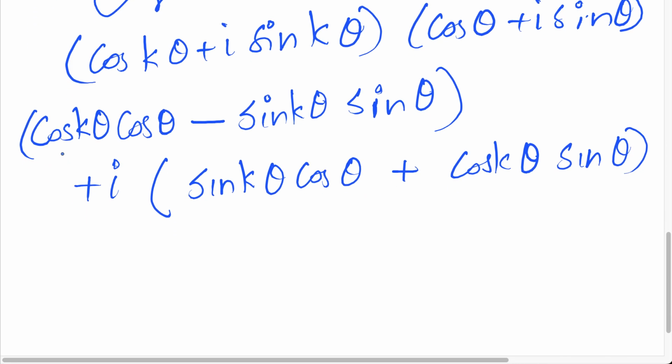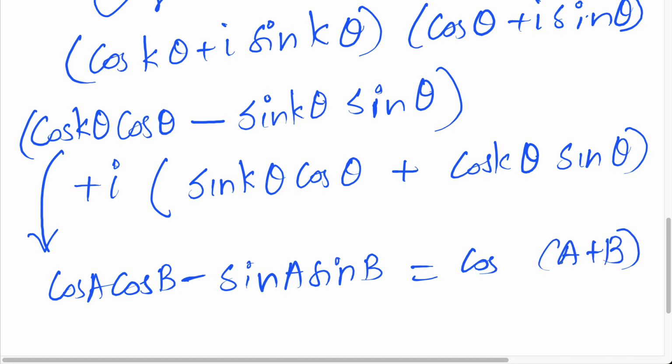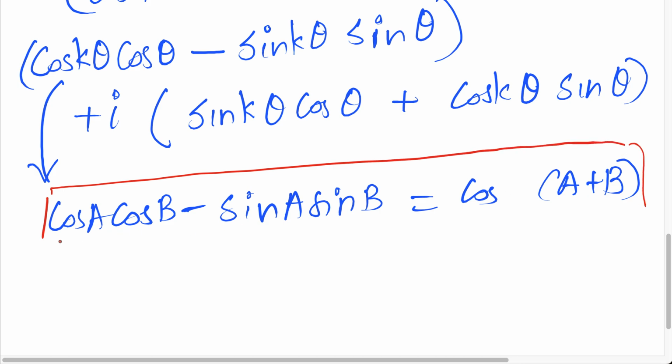Now according to the sum of angles identity, cos A cos B minus sin A sin B is equal to cos of A plus B. Okay. So this term here, let me keep this highlighted so that you are able to know why I have used this rule.